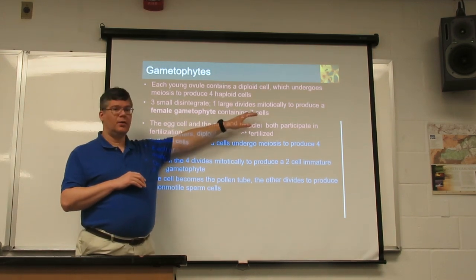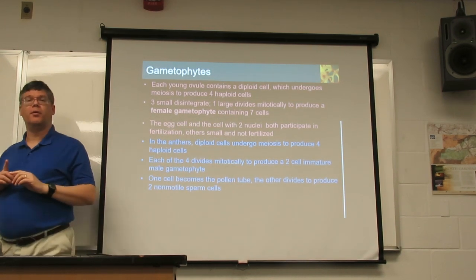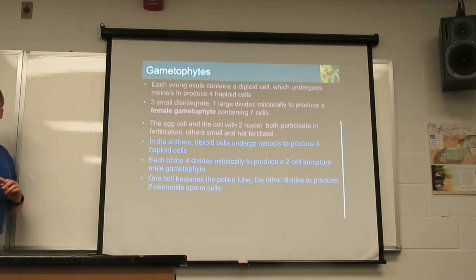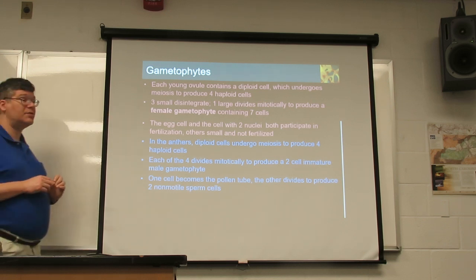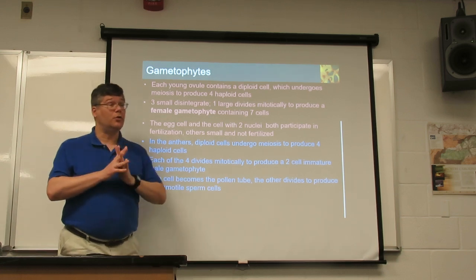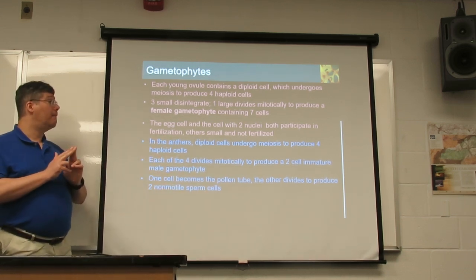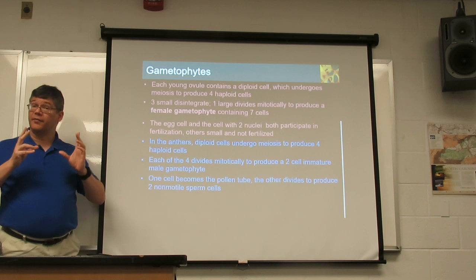7 cells. If we start with 1 cell and divide it, we get 2 cells. If we divide each of those, we get 4. If we divide each of those, we should have 8. But we only had 7. One of those cells, the nucleus divides, but the cell does not divide in 2.